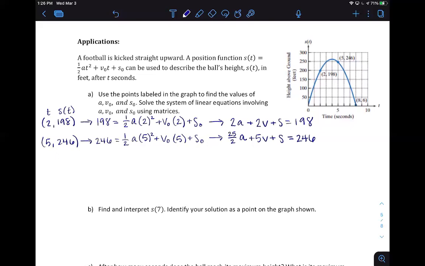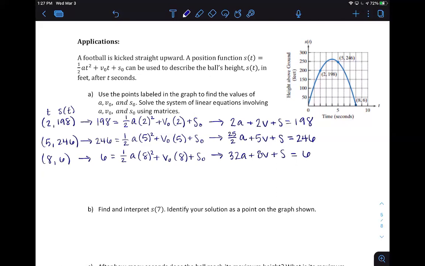And then our last one, we have 8, 6. So we have 6 equals 1/2 a times 8 squared plus v sub 0 times 8 plus s sub 0. So what's 8 squared times 1/2? So 32a plus 8v plus s equals 6.